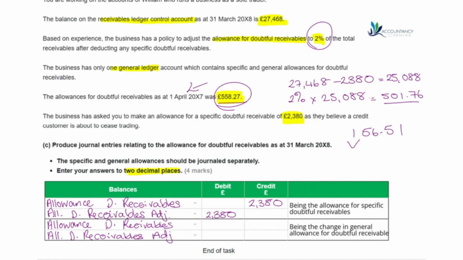So the allowance for doubtful receivables is where that 558.27 is sitting at the moment. That's our credit balance. So we need to debit that to reduce that down. And we credit the adjustment account, which is effectively reducing the expense to the business. And that completes task 2.